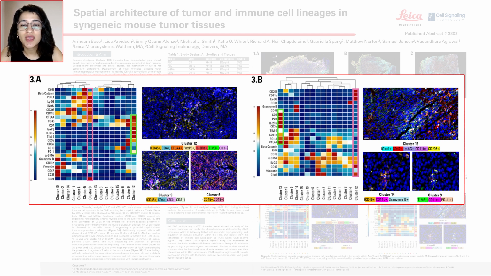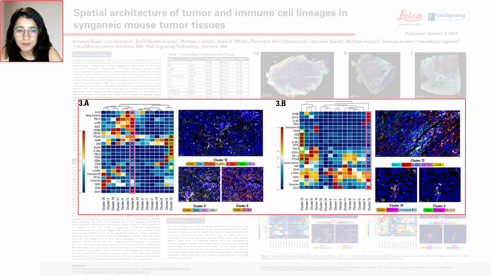Also, we again note the enrichment of GLUT1 expression in these myeloid cell populations in both kinds of tissues, possibly aiding towards tumor immune evasion and resistance to therapy. Overall, such clustering-based analysis helps us identify immune cell types and subtypes within the tumor microenvironment.